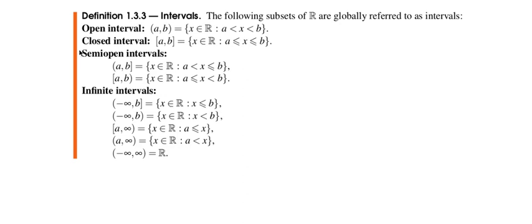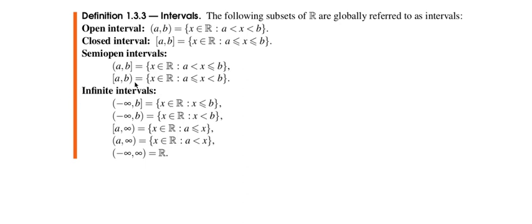Okay? A closed interval is the same as before, but a and b are now included. So x is greater or equal than a and smaller or equal than b. Semi-open intervals are open, closed, and closed, open. So here a is not included, b is included, a is included, b is not included.